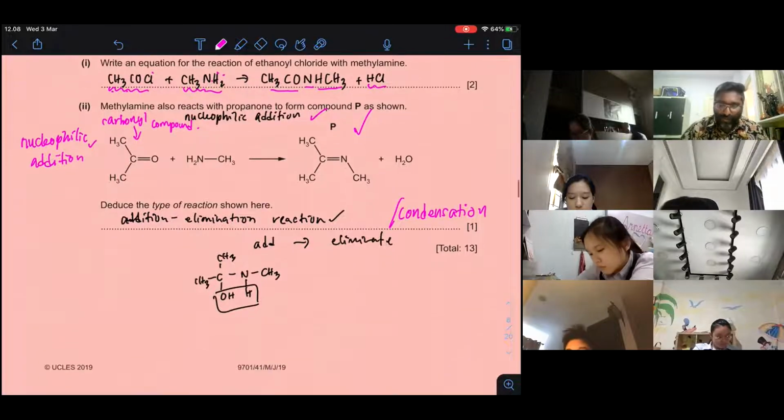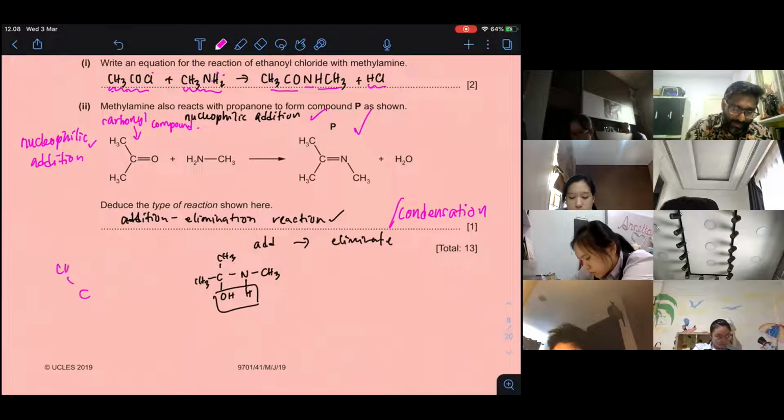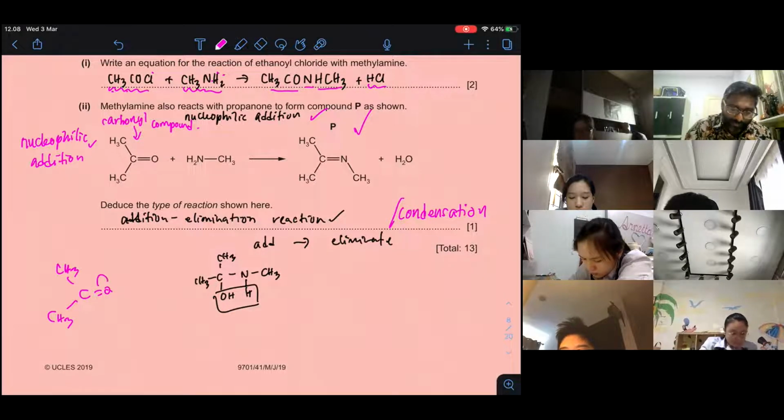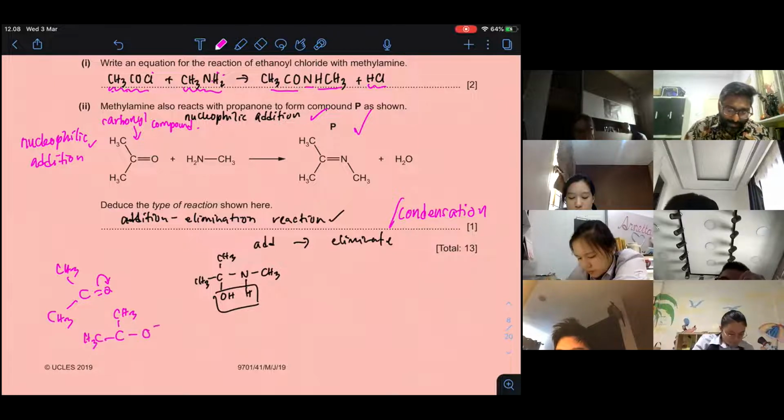Why? First of all, when I have the C double bond O, the double bond will change, because oxygen is more electronegative. So you are going to get CH3 and then O-, and one bond is pending. Now this O- will join with one of the hydrogens here, so it will give you OH.